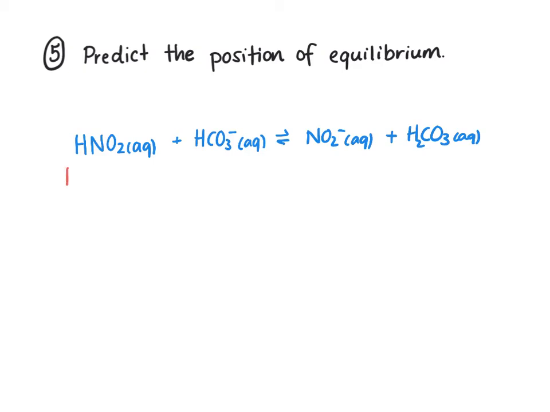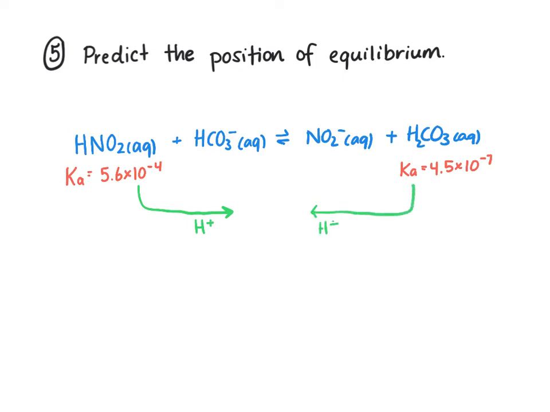The Ka for our acid in our reactants is 5.6 times 10 to the negative 4. The Ka for the acid in our products, so that's carbonic acid, is 4.5 times 10 to the negative 7. So these two acids are having kind of a shoving match with a proton. Nitrous acid is shoving a proton in this direction, and carbonic acid is shoving a proton in this direction. Now, the stronger of the two acids is going to win.